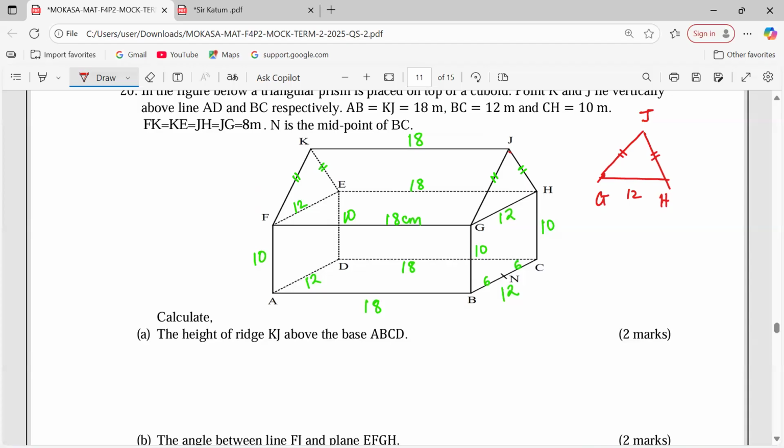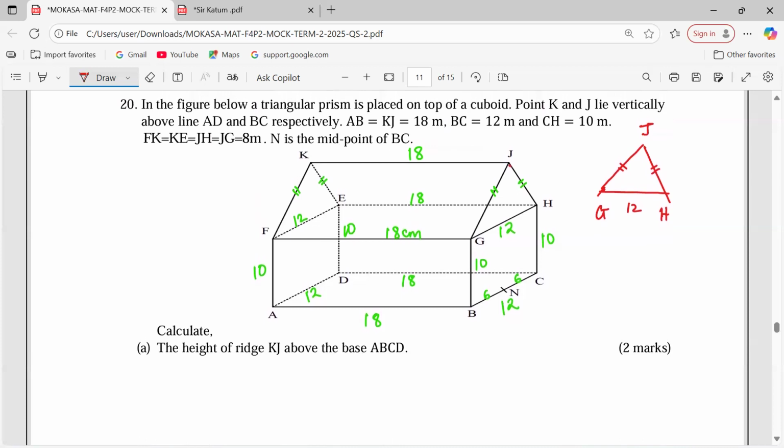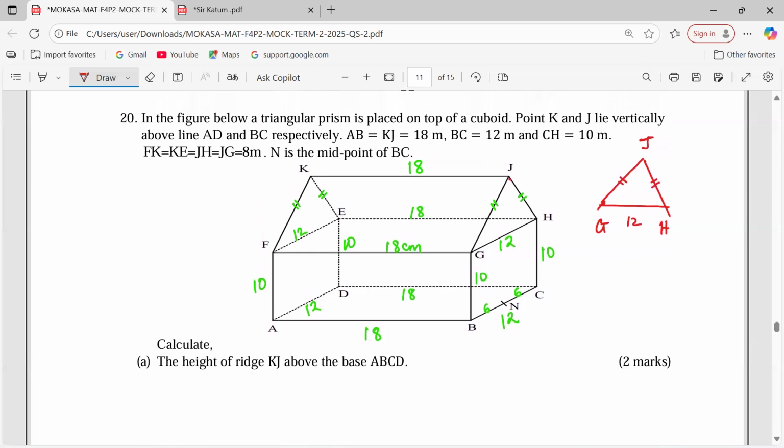Then we should be able to work out very comfortably the vertical height at that point. Yeah, the vertical height can be worked out, maybe using some trigonometry. You can check.